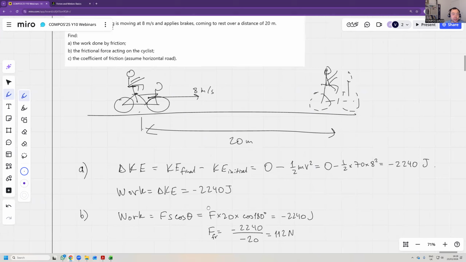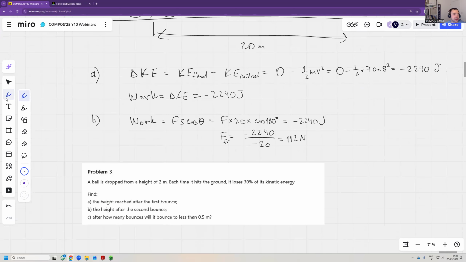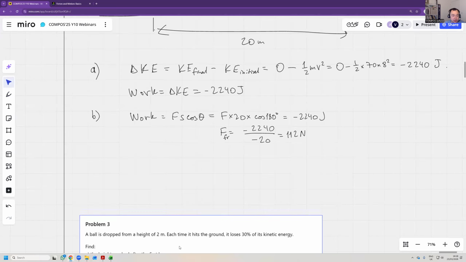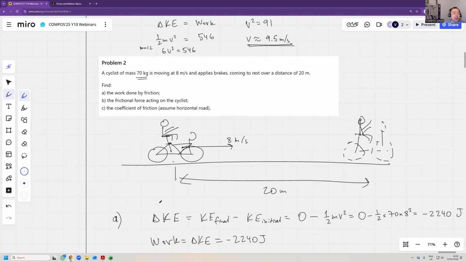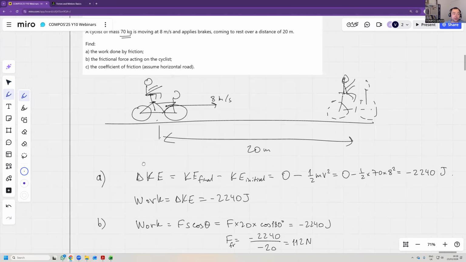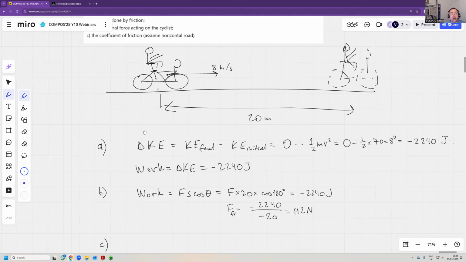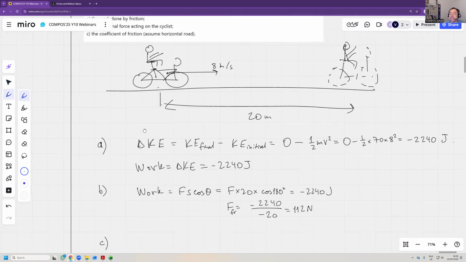And the coefficient of friction. Ooh, that's a nice question. So assuming the horizontal road and the cyclist is skidding.